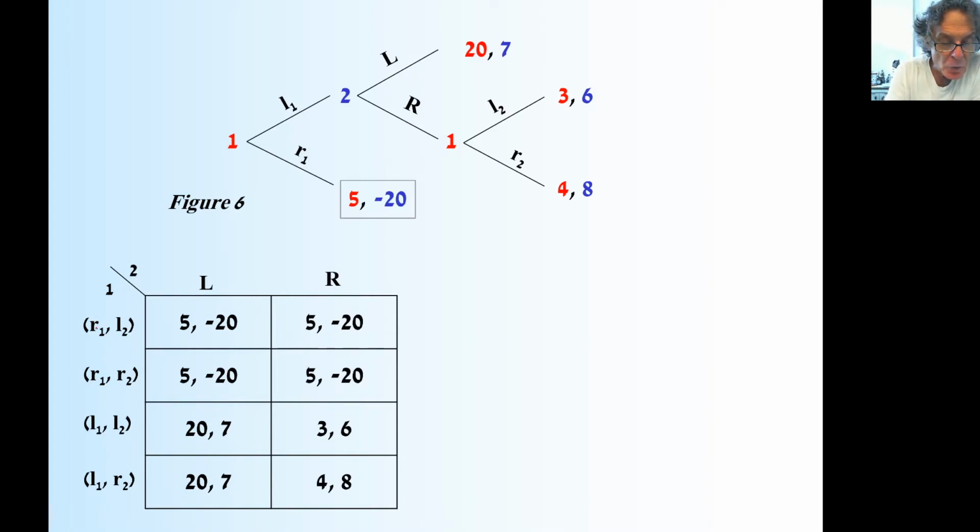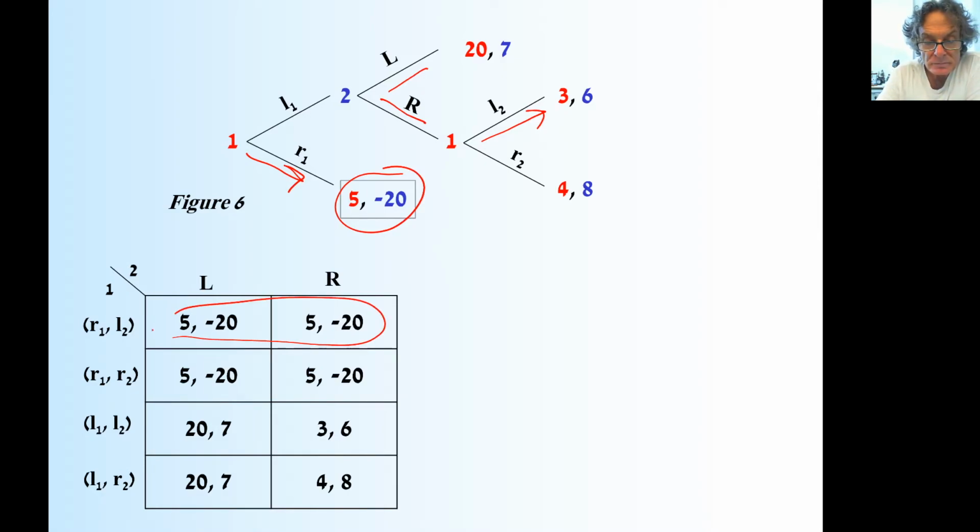Let's say I go R1 and left 2. If you go left or you go right, it doesn't matter. This is the game. If I go right 1, namely down, then it doesn't matter what 2 plans to do, because she's not going to be called to play. I terminate the game by going R1.